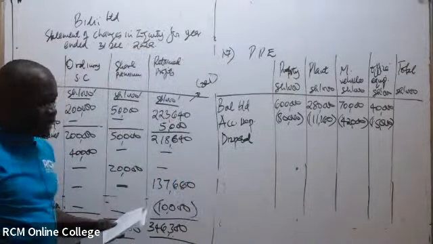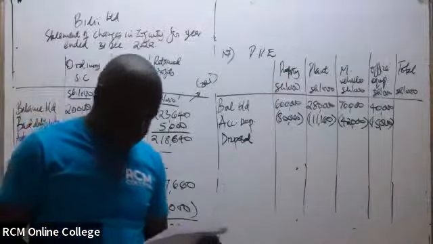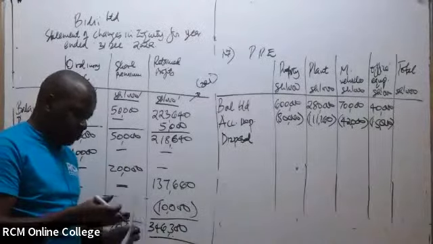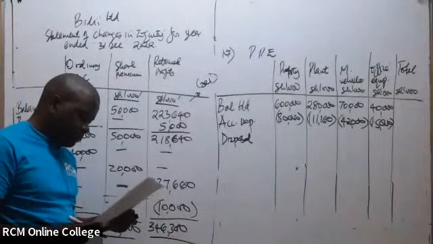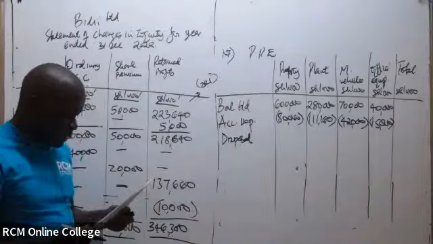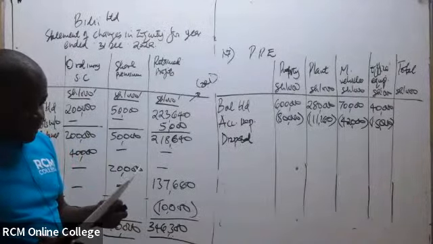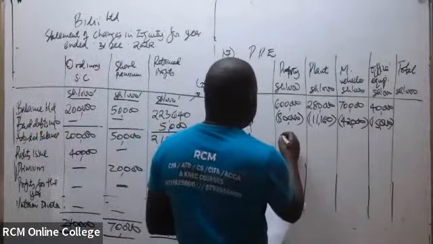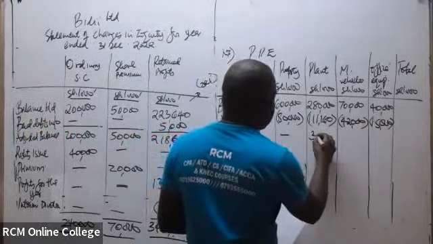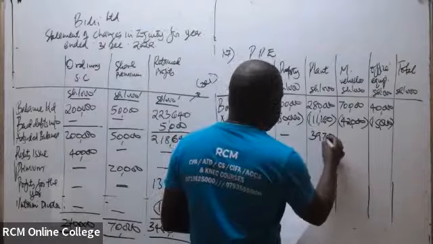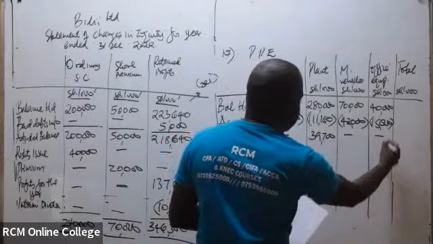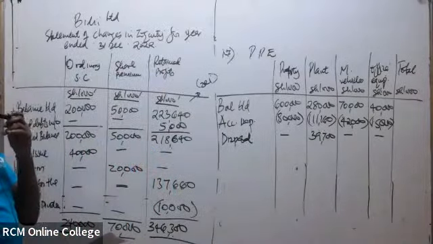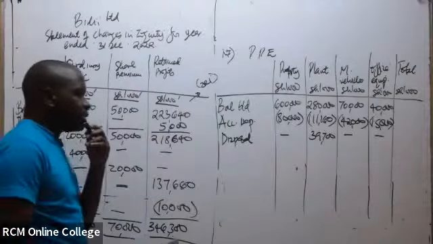There was an item of plant which was disposed of, and you're told it had an accumulated depreciation. The plant had a cost of 39,700,000. So that item was disposed of.